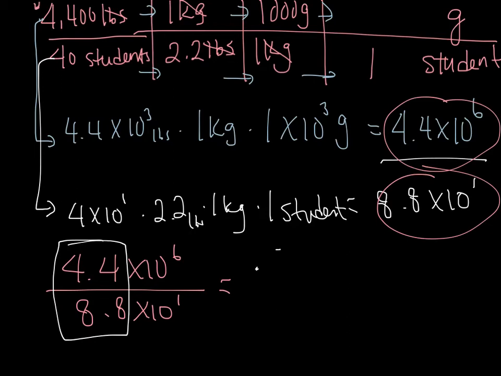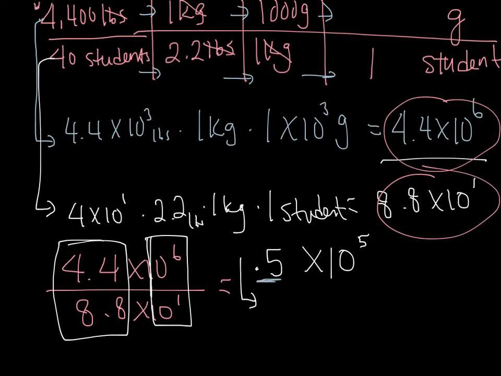So in other words, 0.5. And the next step is to just combine your exponents. So 6 minus 1, so I get 0.5 times 10 to the 5th power. But that's not the right way to write my scientific notation, right? So I need to fix that. So move that decimal over. So I get 5 times 10 to the 4th.